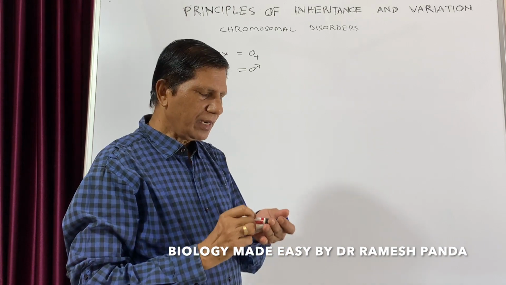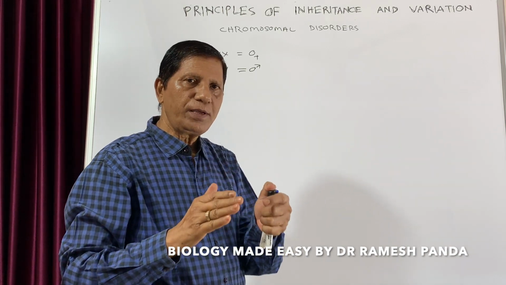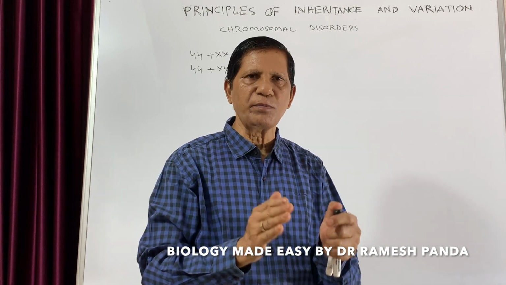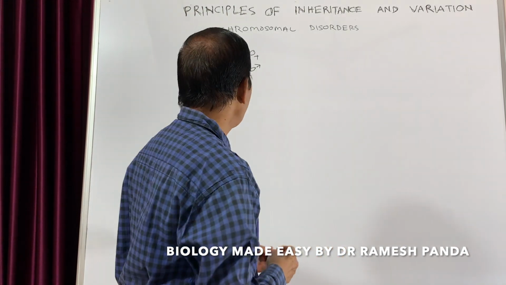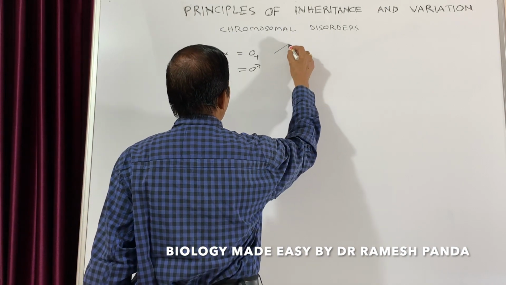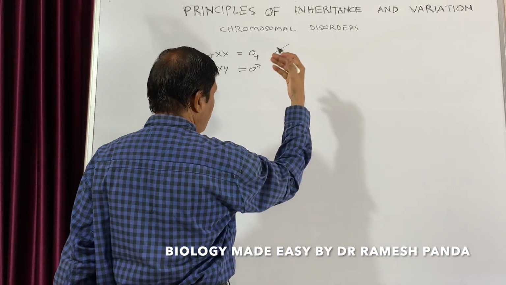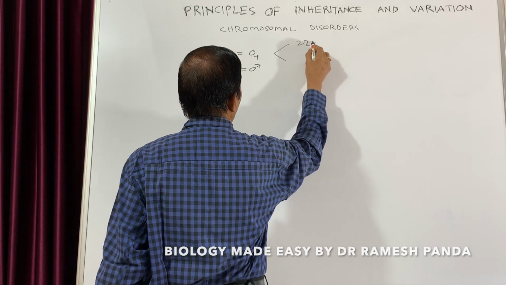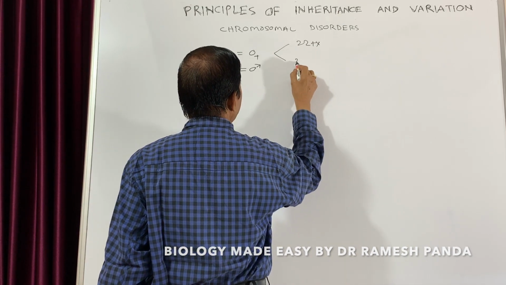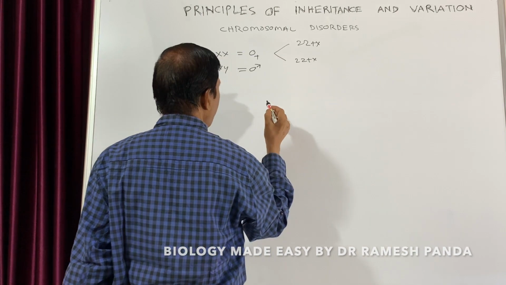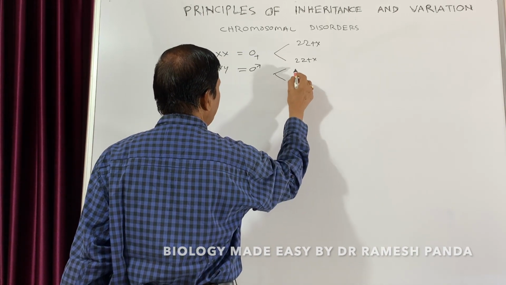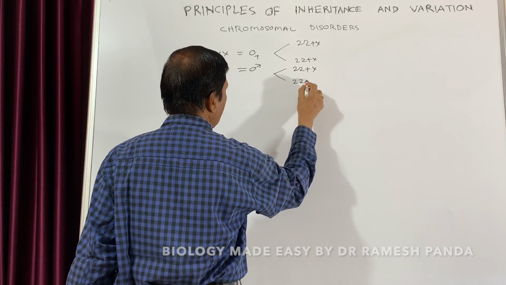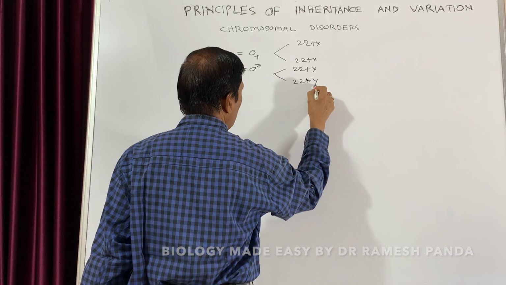That means when there is spermatogenesis or oogenesis in males and females, usually the gametes, the eggs produced during oogenesis, will be 22 plus X. And in the case of males, it will be 22 plus X, and the other 22 plus Y.